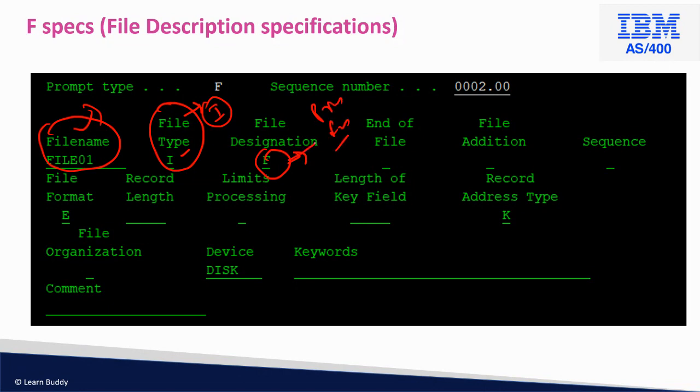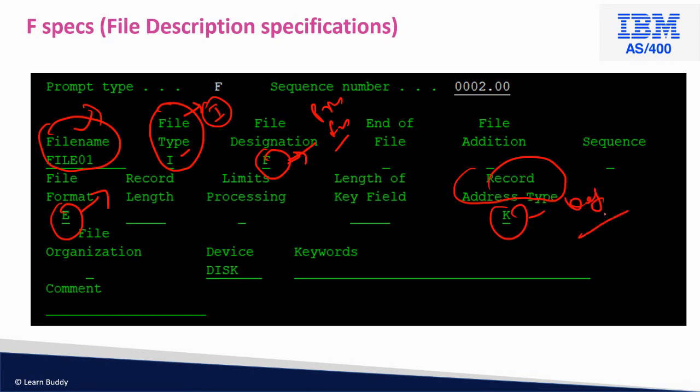Since I declared it as fully procedural, for file 01 I can read it my own way, based on my requirement. I can read it from the 30th record or the 50th record, from any position, by using certain operations called CHAIN and SETLL. And here the file format is externally described, which means the file structure is outside of this program. The record address type is K, which means the file has some key fields.